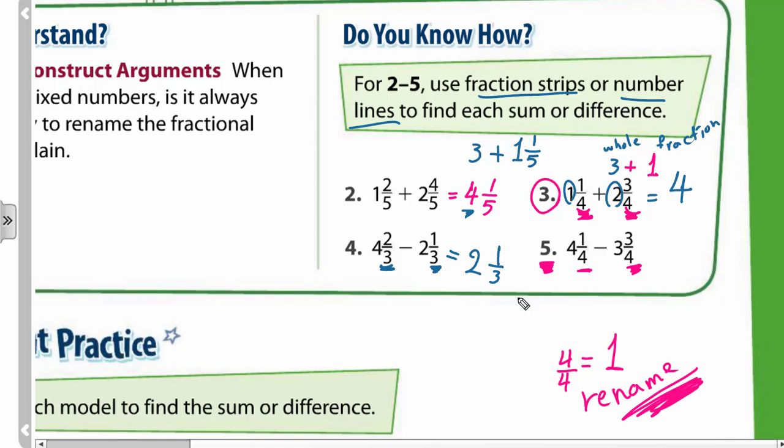Any ideas? Muhammad Jamal, do you have an idea? No, number 5 and 4 are minus. Yes, Muhammad, do you have an idea what we can do?